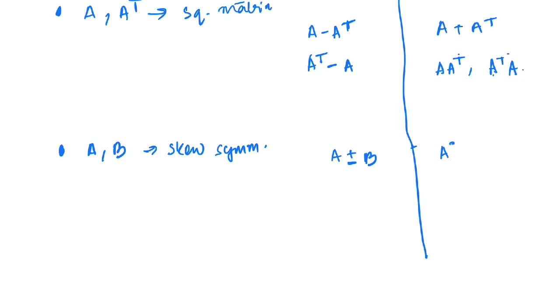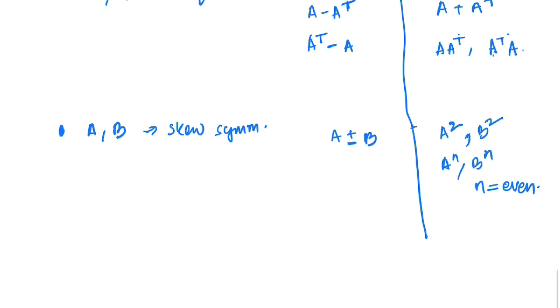And A squared or B squared will be symmetric. To generalize, we can write A to the power n and B to the power n, where n is even, not odd, only even, like A to the power 2, A to the power 4, A to the power 6, similarly for B.